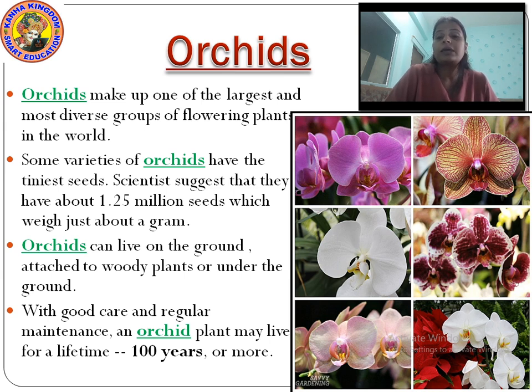If we give water regularly and the orchid gets sunlight, then this orchid plant may live for a lifetime, like 100 years or more. So this is all about orchids.